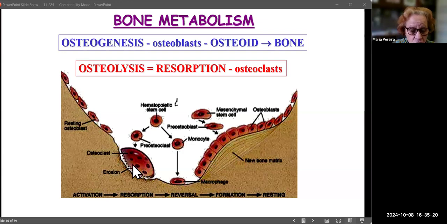So you have these two types of cells, one that plays a role in making the bone tissue in osteogenesis, and the other one that plays a role in breaking down the bone matrix, and that is carried out by the osteoclasts.